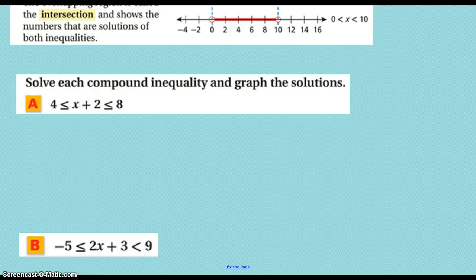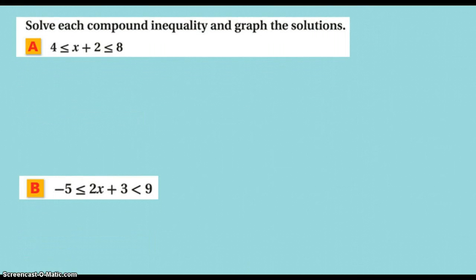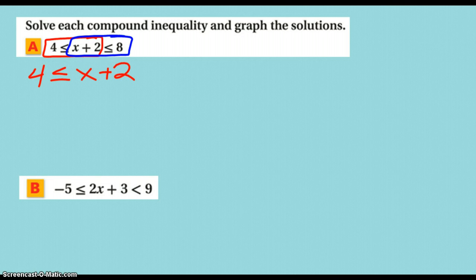We can solve these compound inequalities in two different ways. The first way is we can separate these intersections completely. So for instance, if I'm looking at A here, I can take this part and solve this separately. I can say, okay, well 4 is less than or equal to x plus 2, and then I can take this part, x plus 2 is also less than or equal to 8, and I can solve both of these inequalities separately.